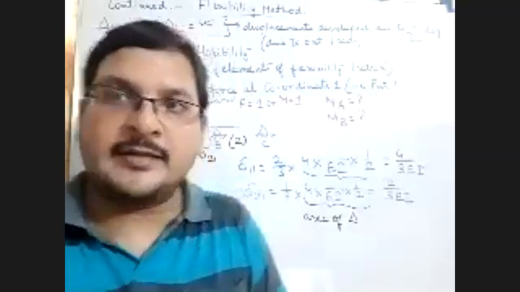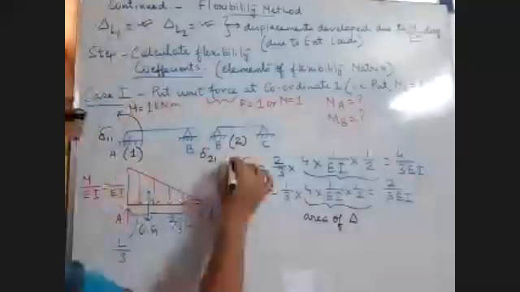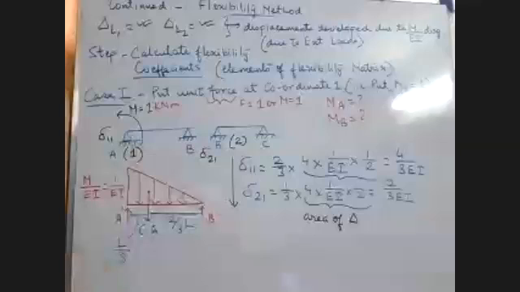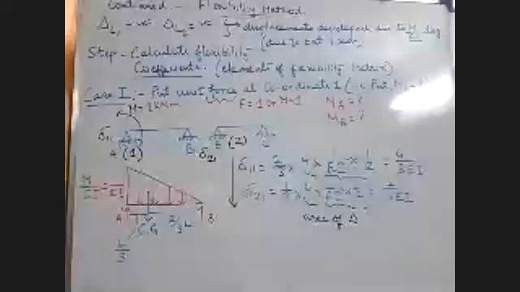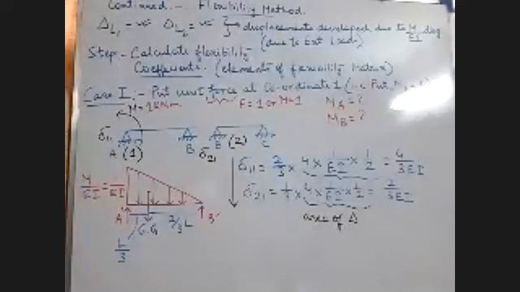So column wise, we have got this, we have got this. Then we will go for case 2.